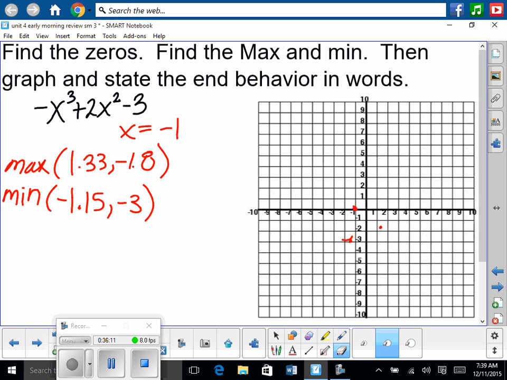Second trace, find the minimum. Left bound, right bound. Now I got something different. Let me see what I'm doing wrong here.